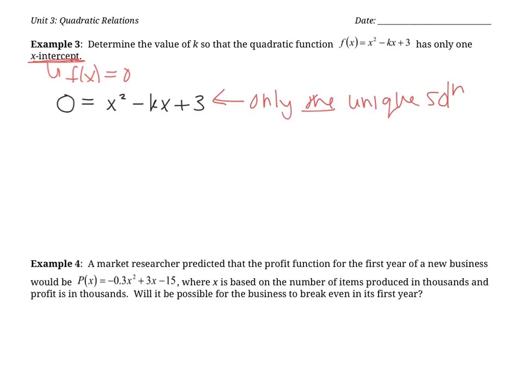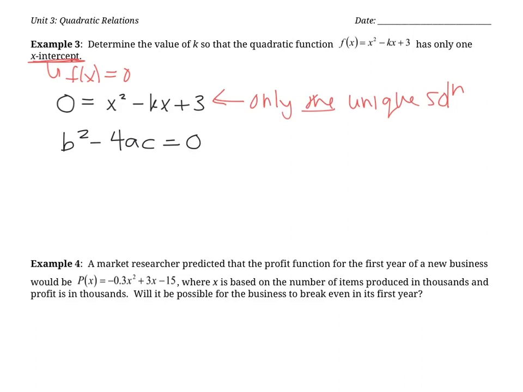Even though this whole lesson is on the discriminant, remember that math is just a series of tools that we can use to solve problems. So we have to be able to figure out, when do I need to use the discriminant? Well, this is a question where it would be helpful, because it doesn't ask us to actually solve for the x-intercept. That would mean we need the quadratic formula. This just tells us the clue that there's only one solution. So we know that if there's only one solution, then the discriminant b squared minus 4ac has to equal 0.